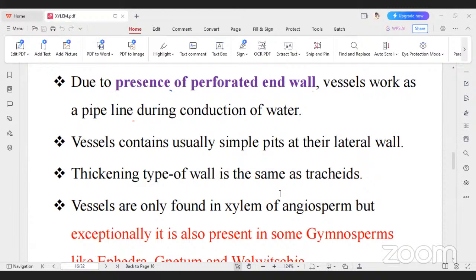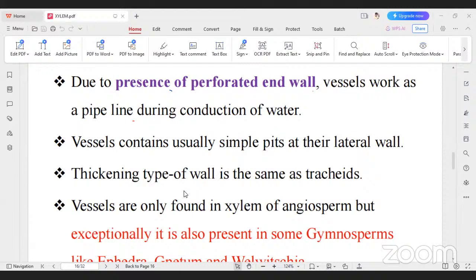And in vessels, which type of pits are mainly found? Simple pits. Mainly simple pits are found in vessels, but in tracheids, border pits. The thickening type of the walls is the same as in tracheids.